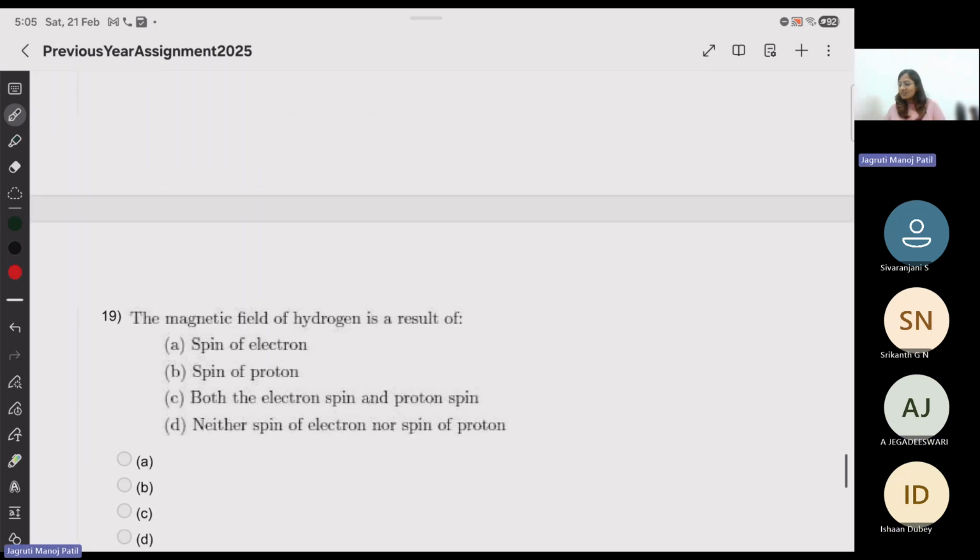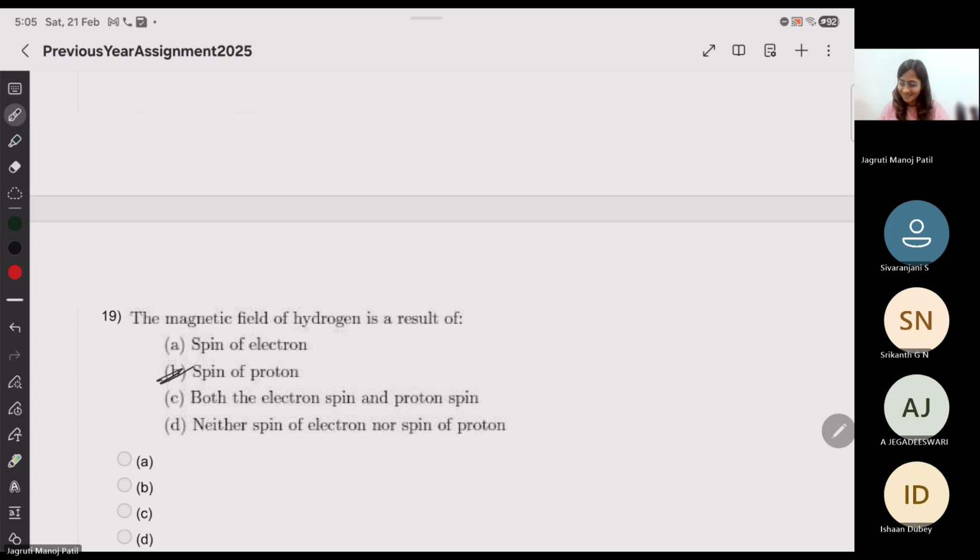Okay. So the magnetic field of hydrogen is a result of what? The spin of the electron or the proton, or both? In hydrogen, is it an electron or a proton? It's a proton, positively charged.